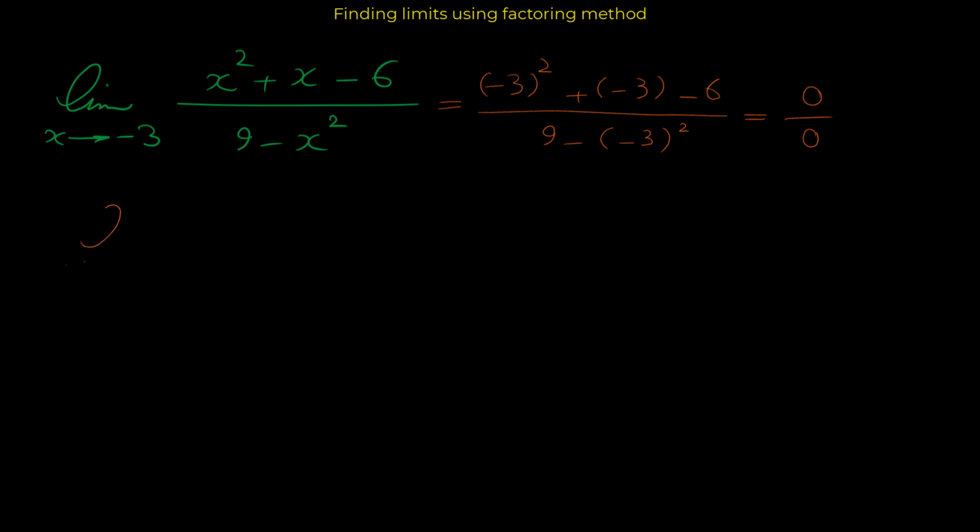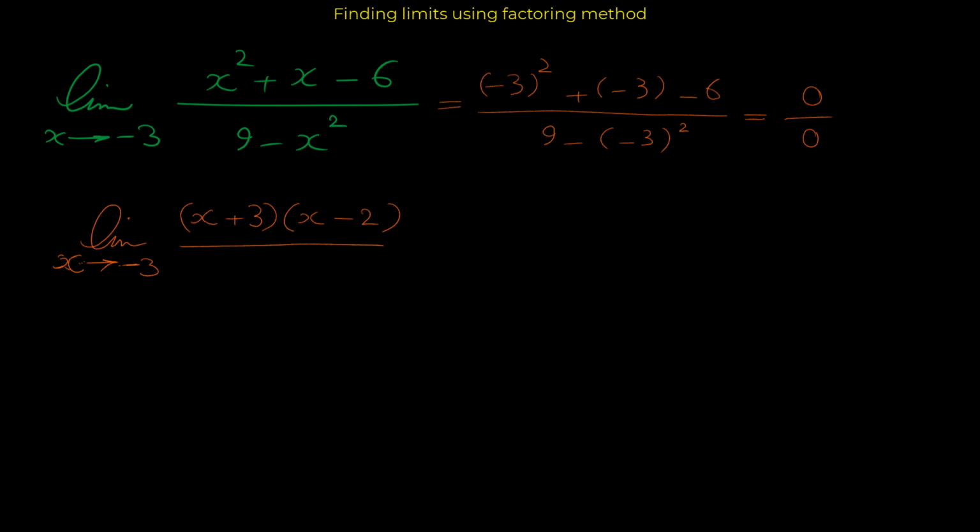In the numerator and denominator, we have quadratic expressions. For x squared plus x minus 6, we want to find two numbers whose product is negative 6 and whose sum is 1, and those numbers are 3 and negative 2. 3 times negative 2 is negative 6, and 3 plus negative 2 is 1. What about the bottom, 9 minus x squared?